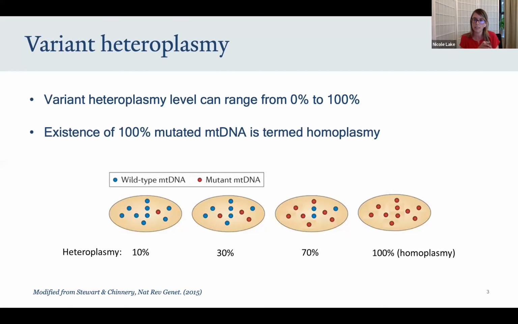This also means that the mutant load, or the heteroplasmy level of a mitochondrial variant, can range anywhere from 0 to 100%. So when a variant is present in every single mitochondrial copy, we refer to this as homoplasmy. And when it's present only in a fraction, we refer to those variants as being heteroplasmic.